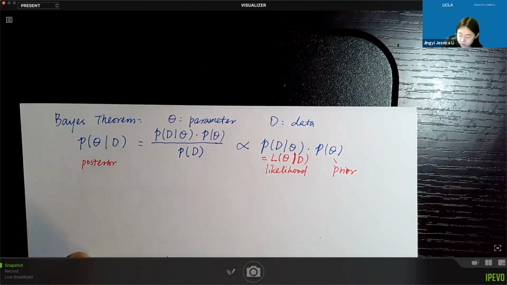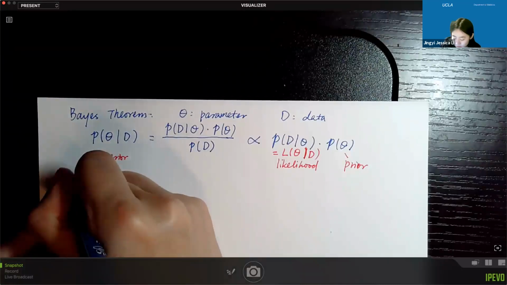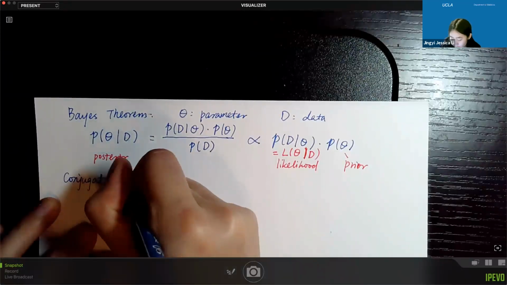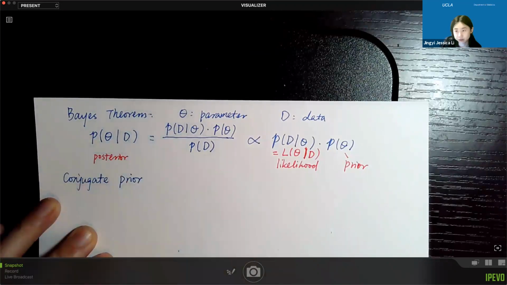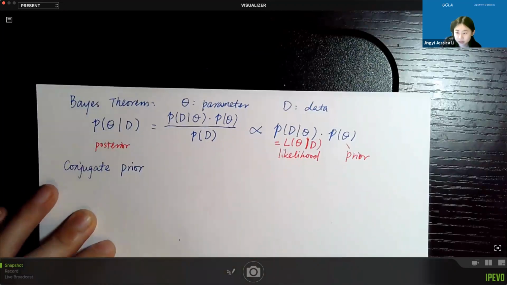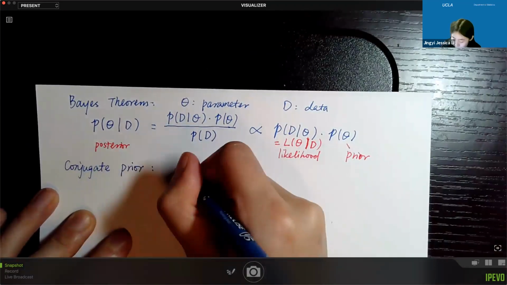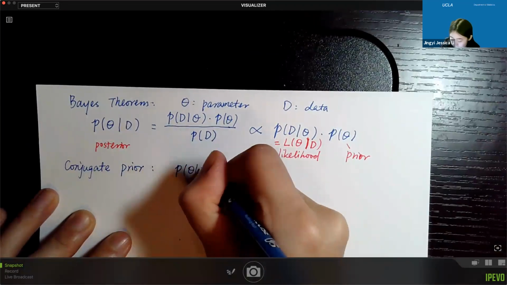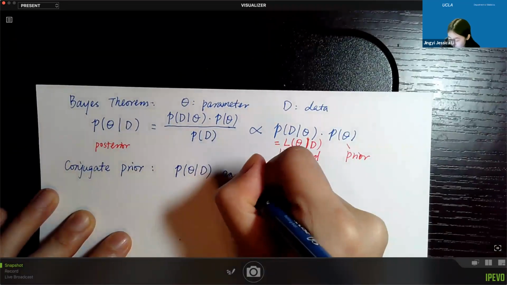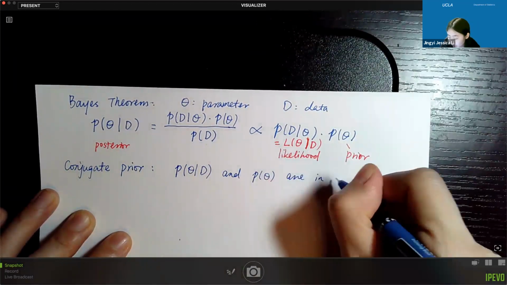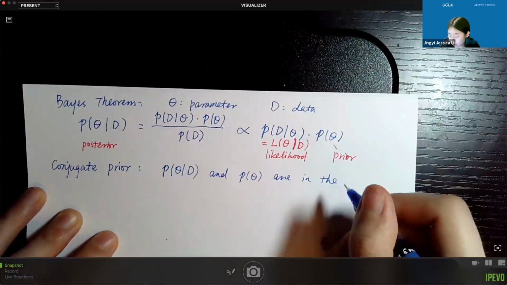This is an important concept you will see in a lot of bioinformatics method papers. It is called a conjugate prior. A conjugate prior is a prior class such that it makes the posterior and the prior itself in the same distribution family.